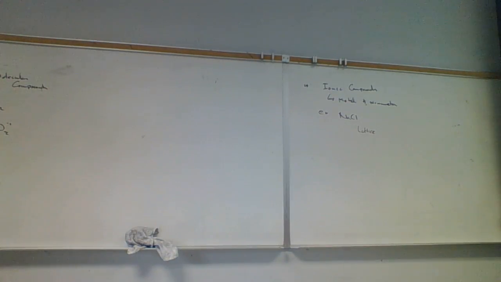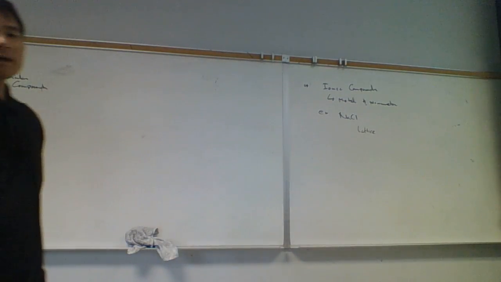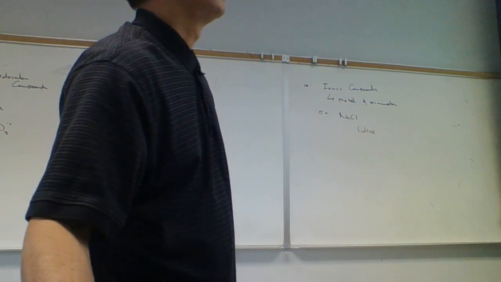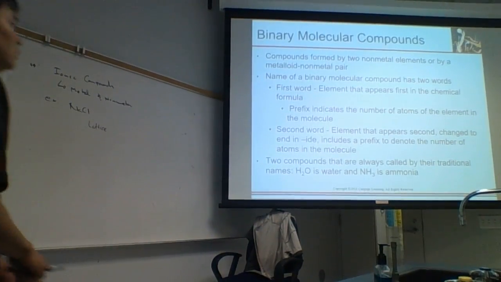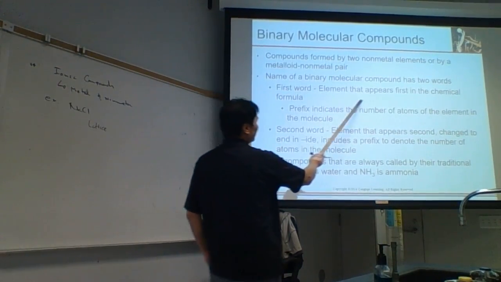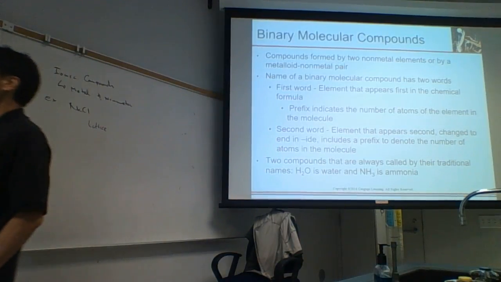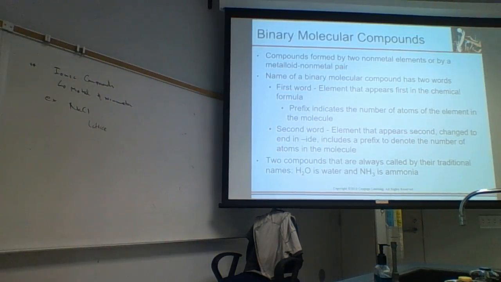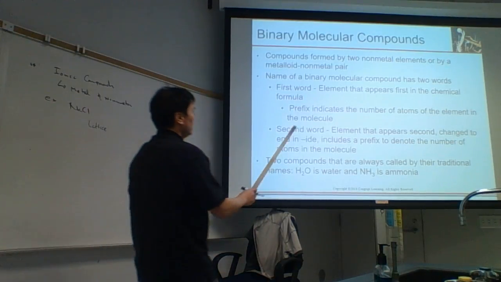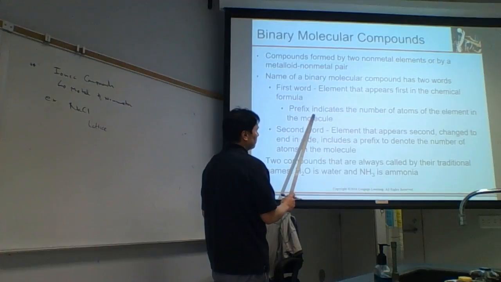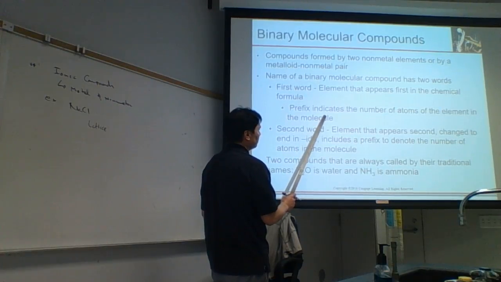All right, when we have a binary molecular compound, then the name has two words. The first word is the element that appears first in the chemical formula. So here, what element appears first in the chemical formula? Hydrogen. We include a prefix if there's more than one.